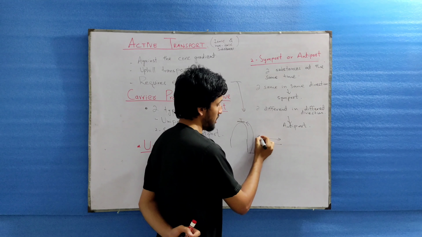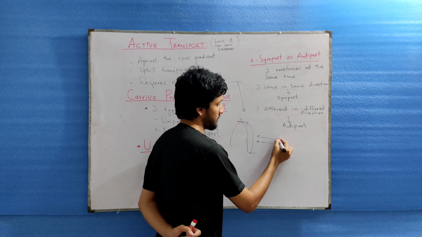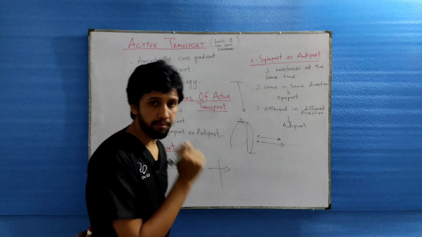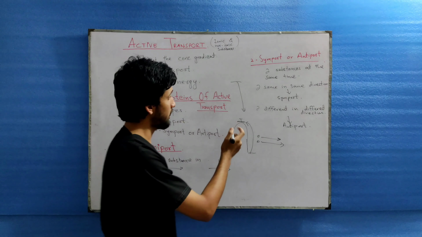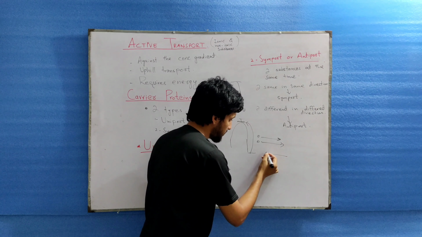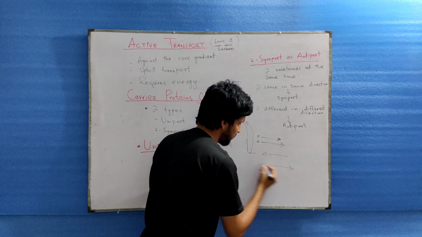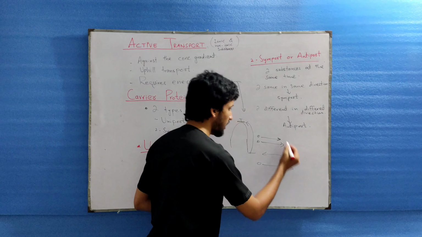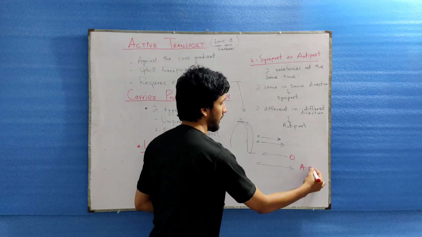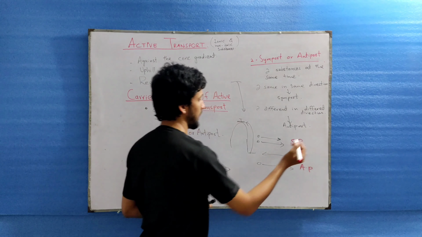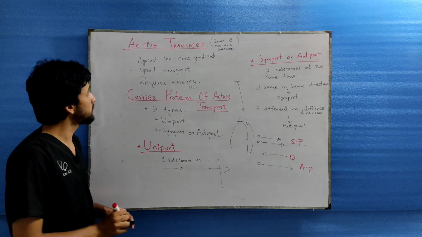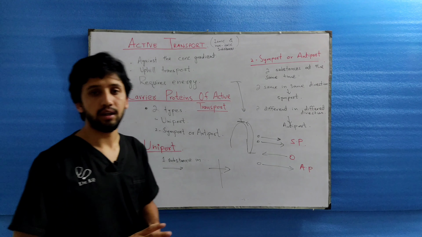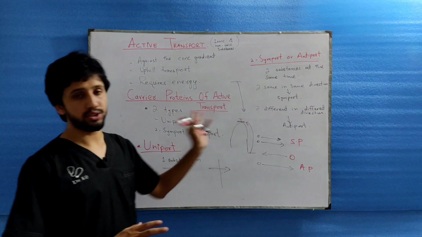The second one is when two different substances are carried in opposite directions, then it is the antiport. Antiport and symport mechanisms. So this is all about active transport and the carrier proteins which carry the substances across the membrane.